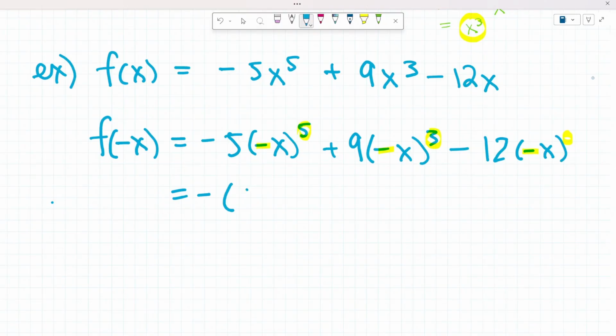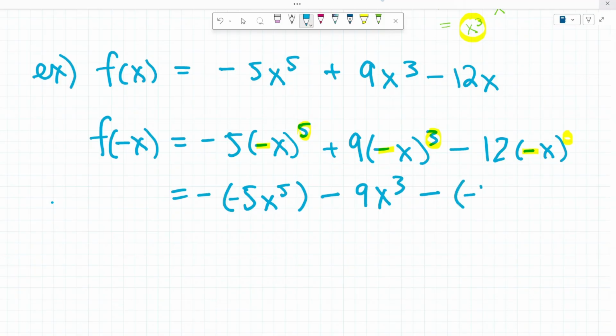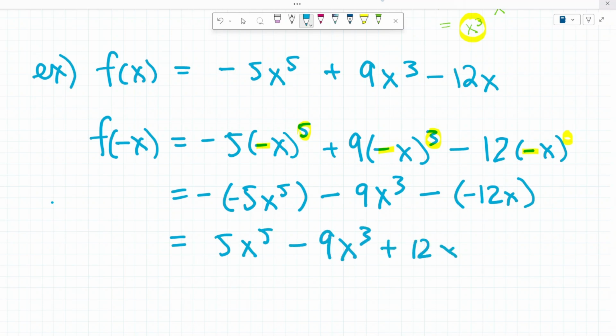We're going to end up here with negative times negative 5x to the power of 5 here. And then we've got minus 9x cubed, and then negative 12x, which gives us 5x to the 5 minus 9x cubed plus 12x. And now let's add our negative to the front to see what we get.